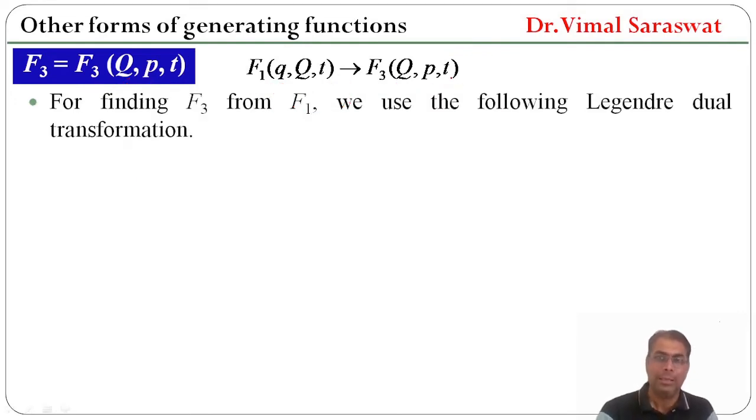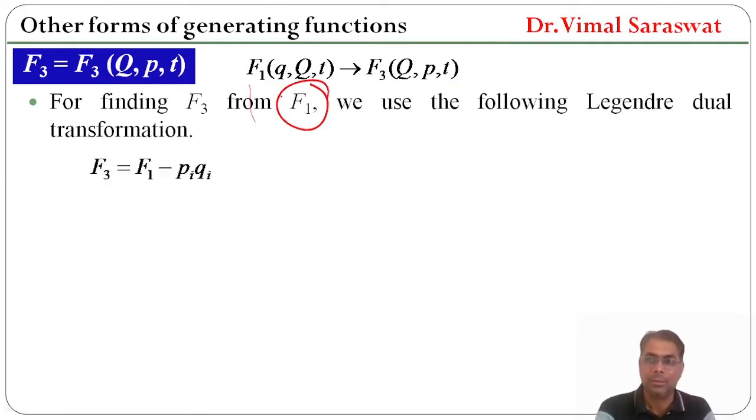For finding F3 from F1, we use the following Legendre dual transformation. F3 equals F1 minus small pi qi, and small pi equals del F1 upon del qi.